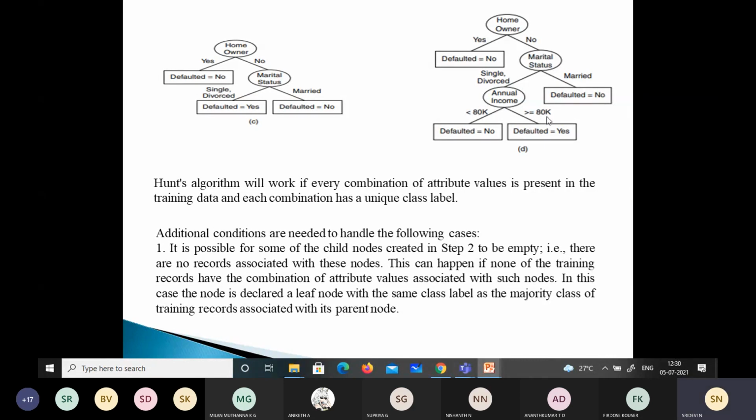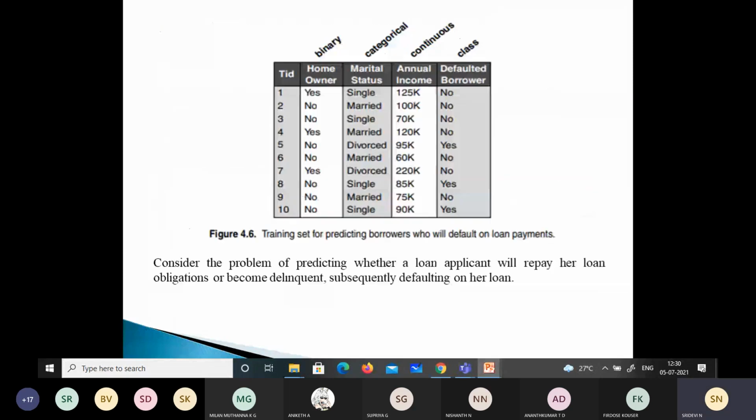We'll have some more numericals on this so that it will be more clear for you in the next class. So for now, you just see this. So we have to see people who are not homeowners and who are single, and there are two classes where default borrower is no, and if it is less than 80K.